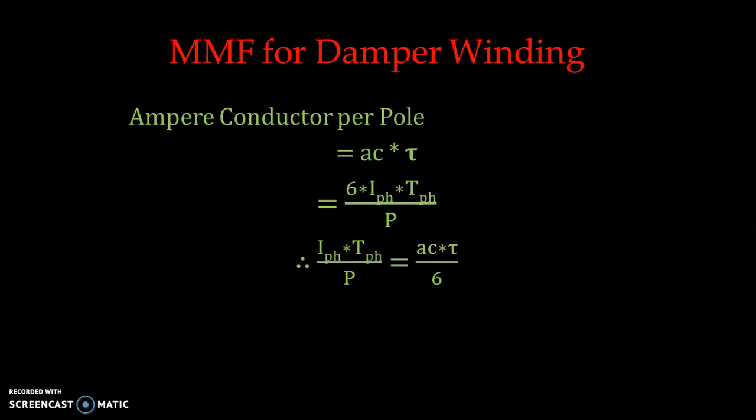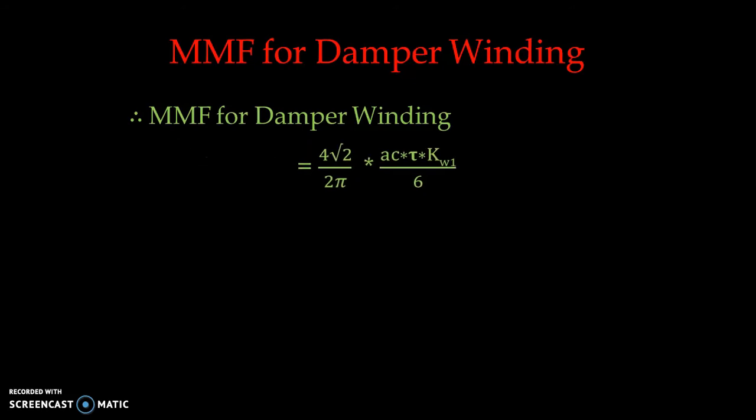Now we have to substitute this value in our magnetomotive force equation of the damper winding. So if we substitute this value, then the magnetomotive force for the damper winding becomes 4 multiplied by root 2 divided by 2 pi multiplied by AC, tau, multiplied by KW1 and divided by 6.